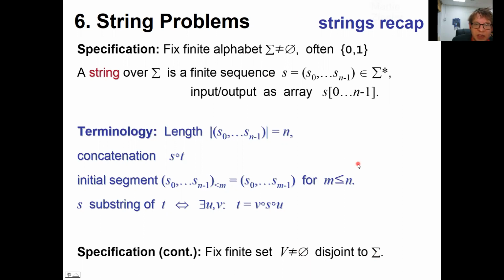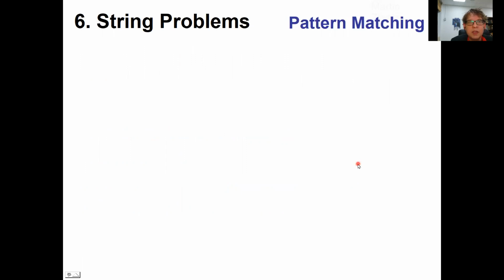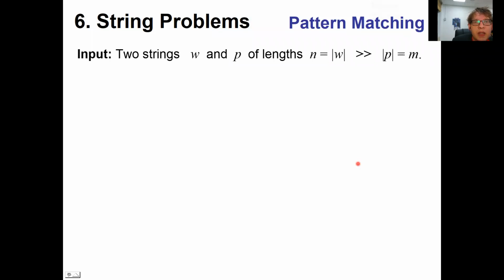Okay, so that's this. And now we start talking about the first string problem, namely the pattern matching problem. So the pattern matching problem is the following. We're given two strings, and one string is supposed to be very long, much longer than the other one.